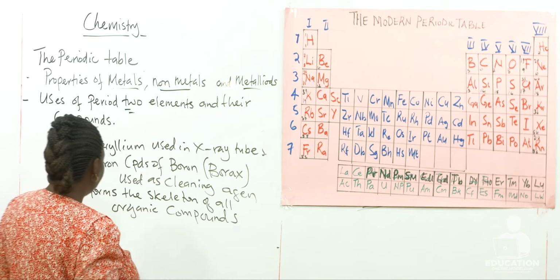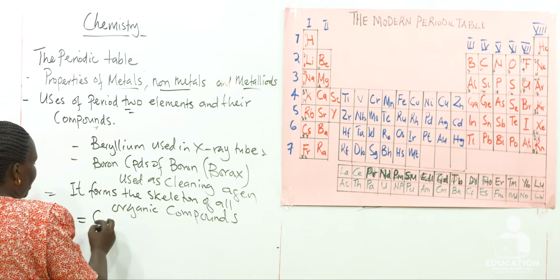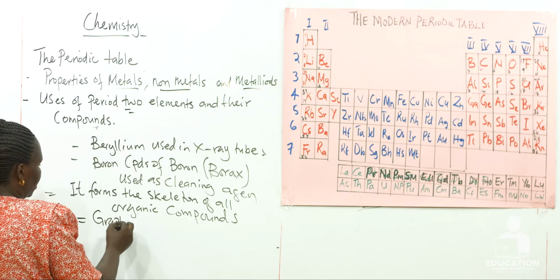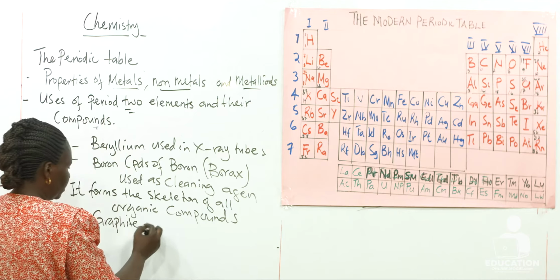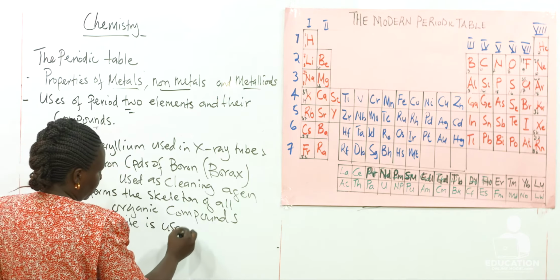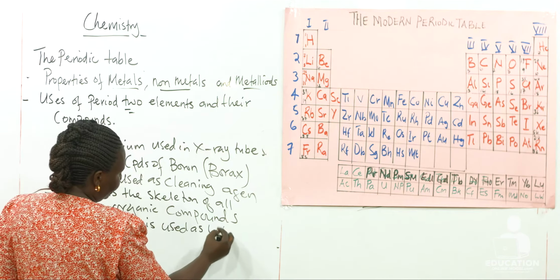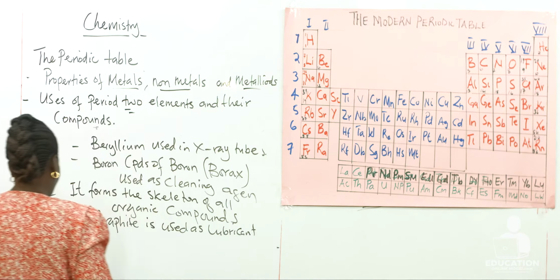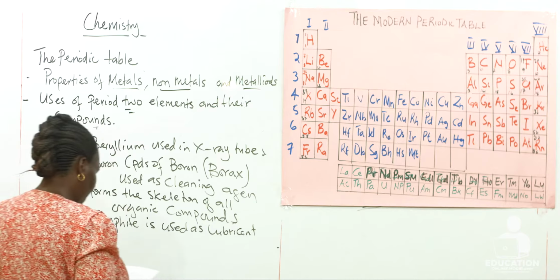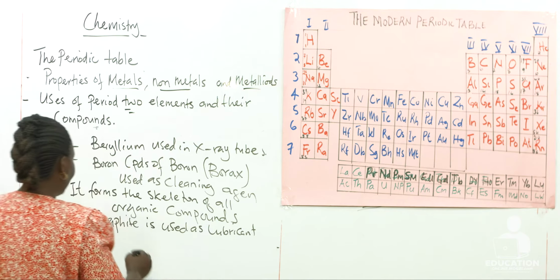Then graphite is used. Graphite is a compound of carbon, the black material. Graphite is used as a lubricant and to make strong structural fiber in steel making. We find graphite in pencils.